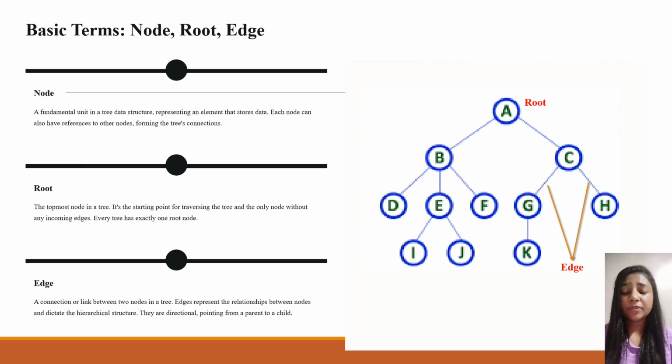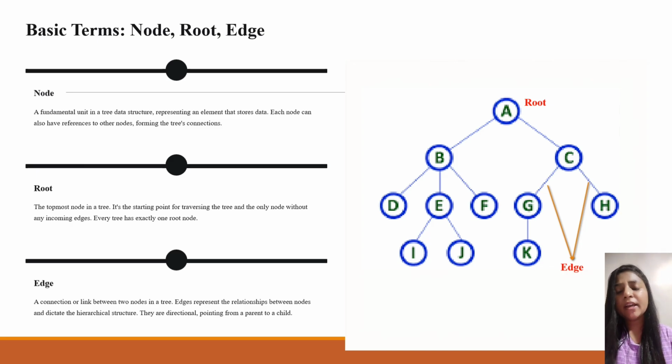A node. A node is a single element in a tree. Root. The root is the topmost node. It's where the tree starts. Edges. An edge is a line that connects a parent node to a child.